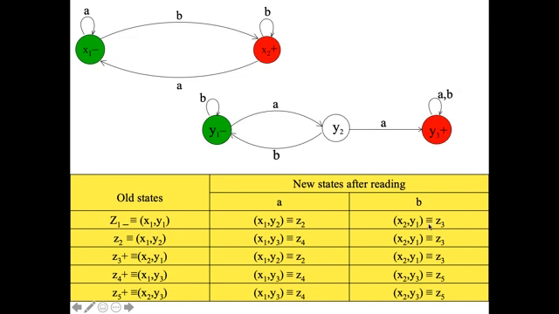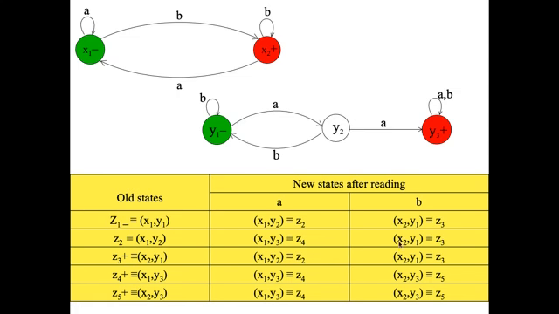This is different than these, so let's give it the name Z4. In X1 reading B, we go to X2, and in Y2 reading B, we go to Y1. And it's actually this one, so we give it the name Z3.